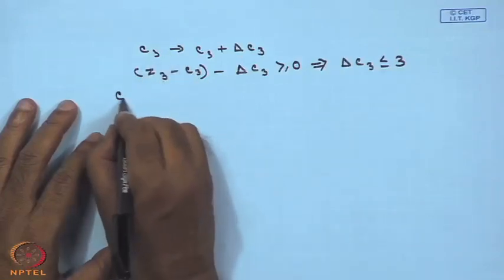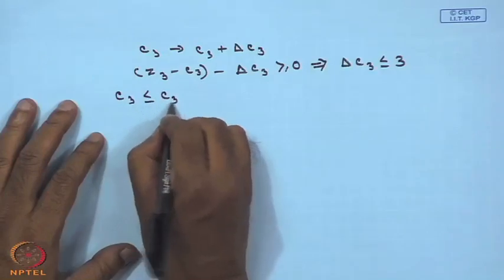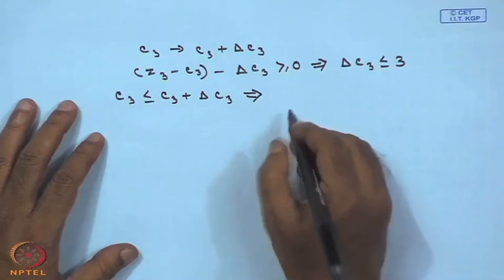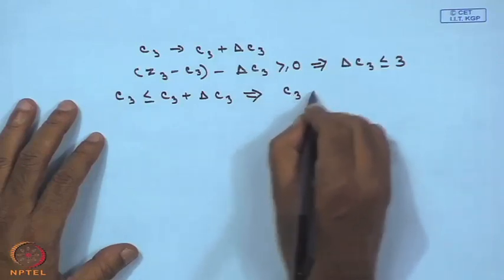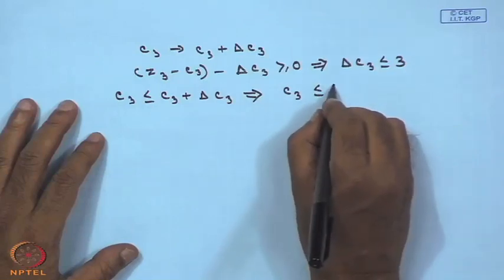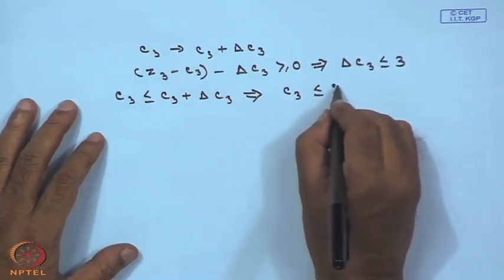From here you can bring it to this side, so that C 3 plus delta C 3 will be 7.